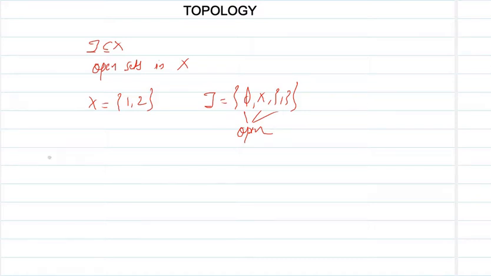Now we will define convergence in a topological space.